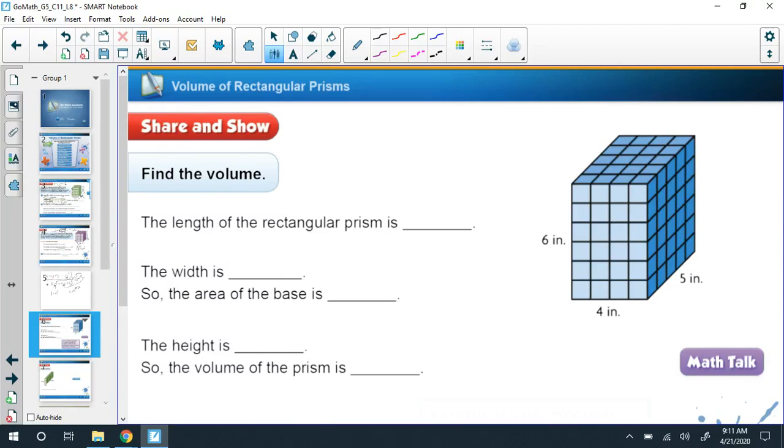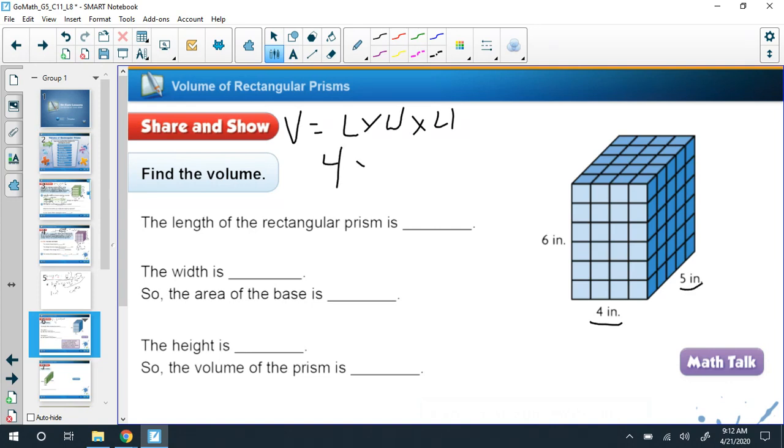So let's look at another problem here, and let's apply that same idea. If we take a look at this one, we want to find the volume of our rectangular prism. So we're going to start off by looking at our formula. Remember, volume is length times width times height. Our length is 4 inches.